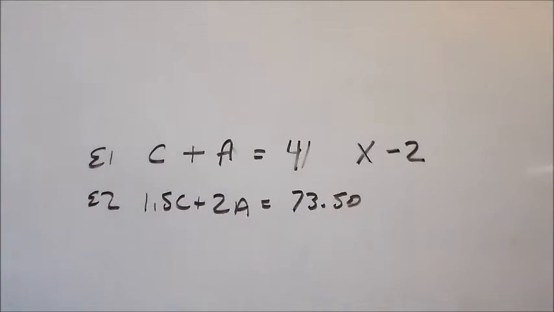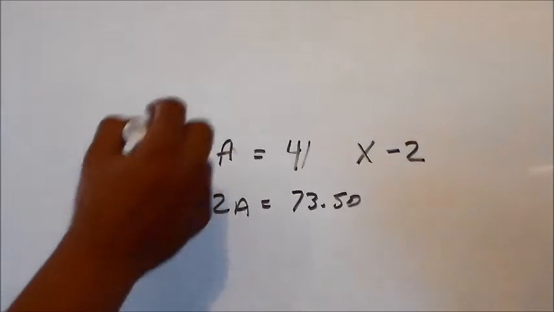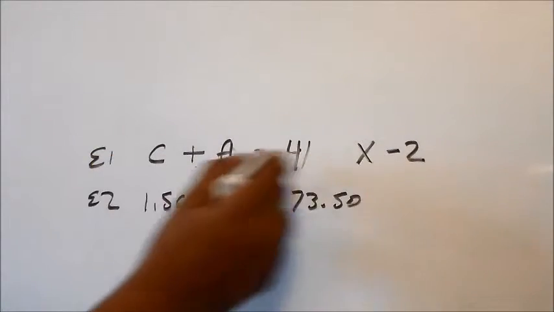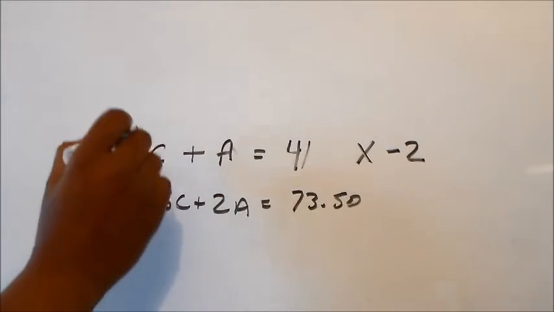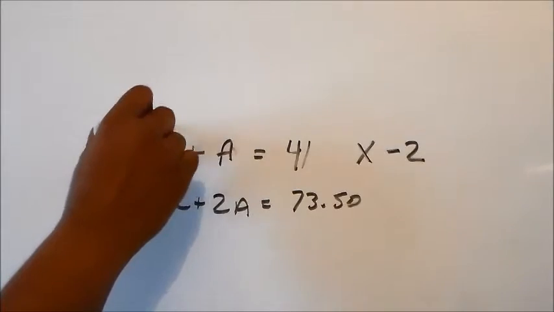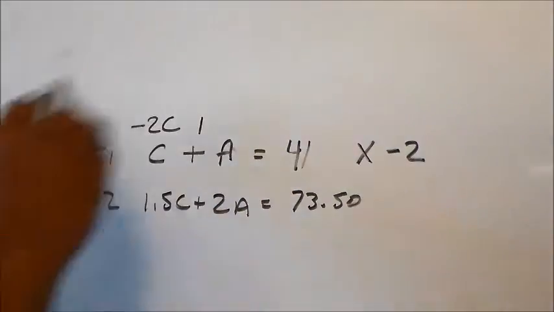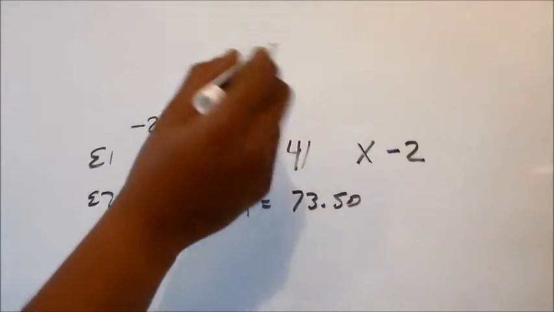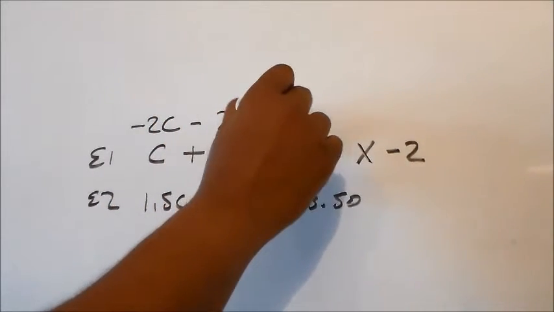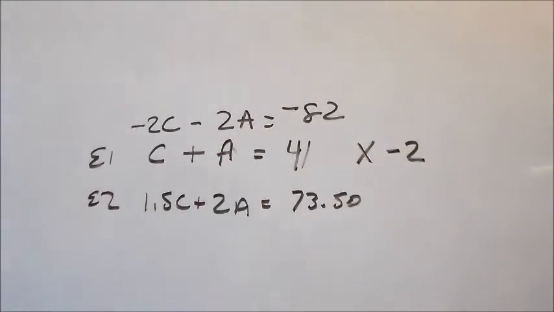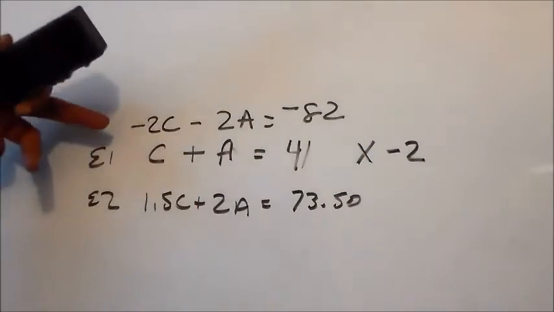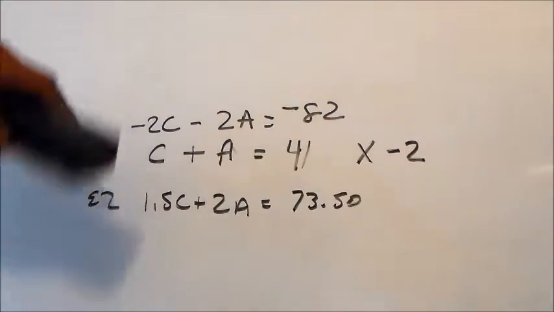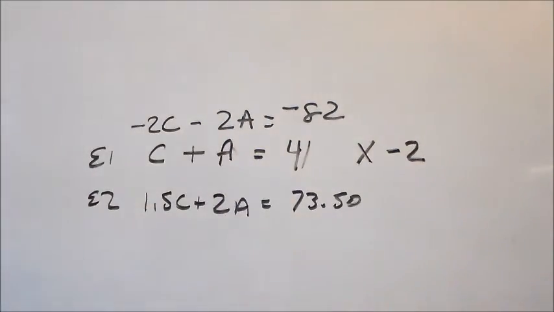Multiplying all of this by -2 gives us -2C minus 2A equals -82. This is just temporarily here for manipulation. We're still going to come back to the C plus A.